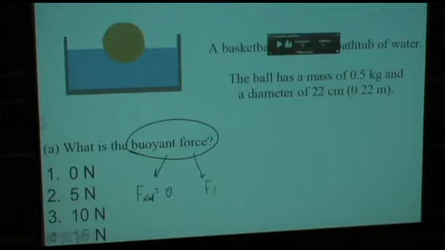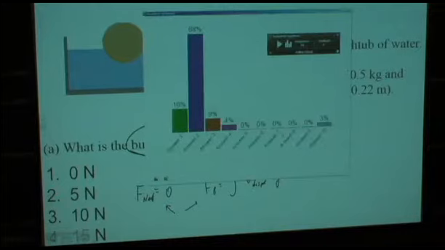And number two, you can use the expression for the buoyant force, density of the liquid times the volume which this ball displaces, times g, or both, whichever works. If one doesn't work, you try another one.